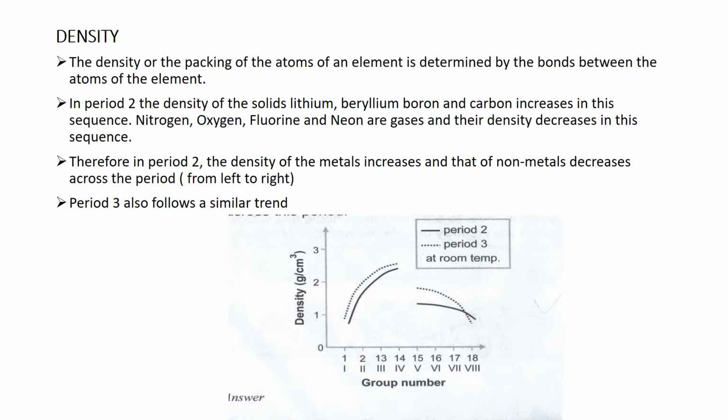So as you can see in this diagram below, the solid line represents period 2 elements and the dotted lines represent period 3 elements. So period 3 also follows a similar trend to period 2, because for period 3, the density of the metals increases as you move from left to right, and that of non-metals decreases as you move from left to right.